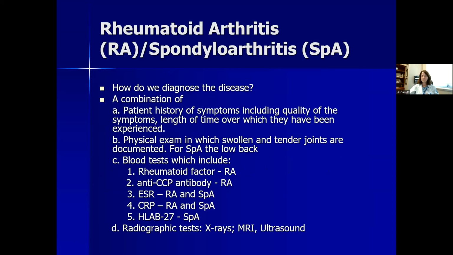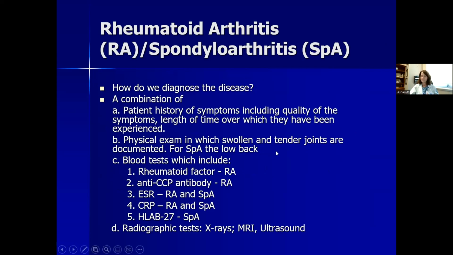So in terms of rheumatoid arthritis and spondyloarthritis, the first thing I wanted to address is, how do we diagnose the disease and how do labs and radiographic studies help us? Well, first of all, most important is really the history and the symptoms that you provide for us. We pay attention to the quality of the symptoms, how long you've had the symptoms, exactly which joints or which body parts are involved.